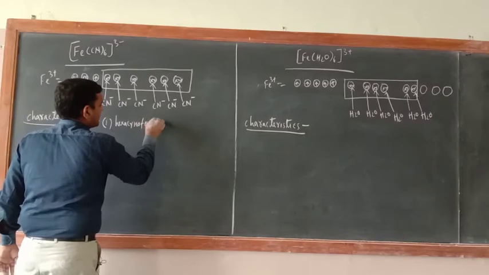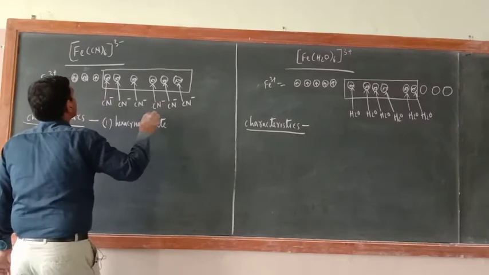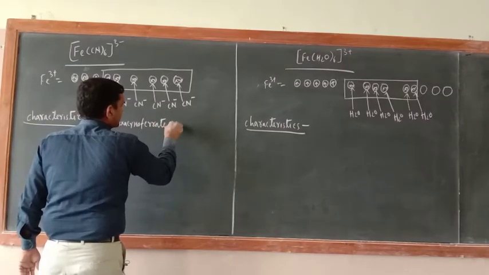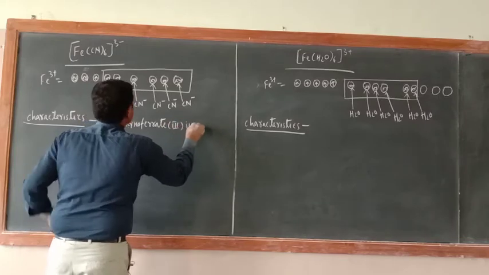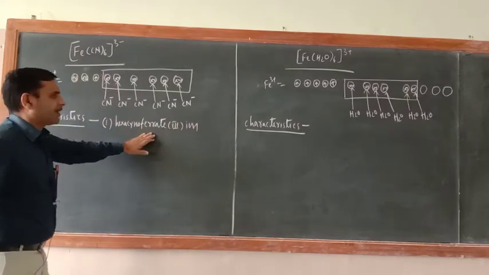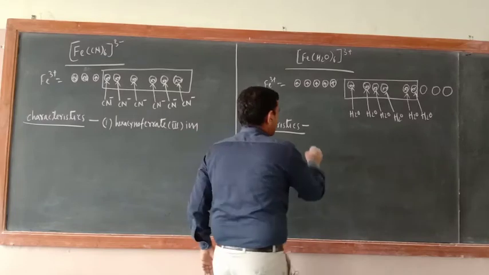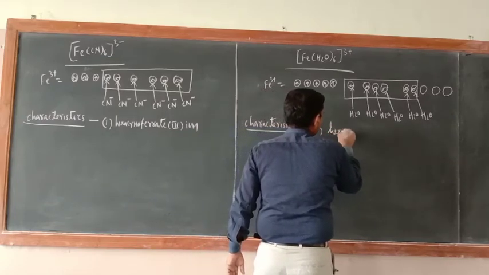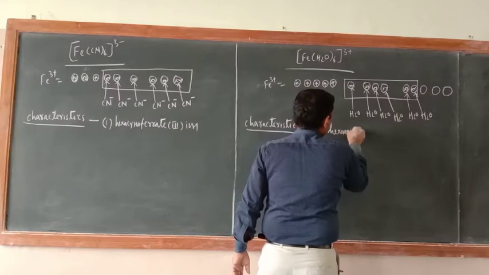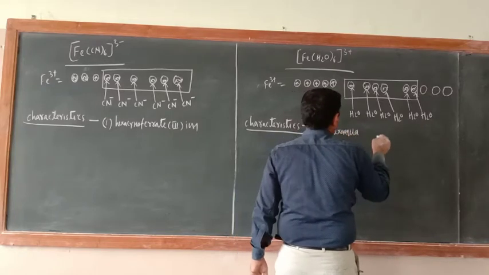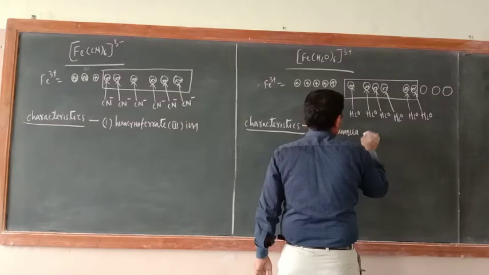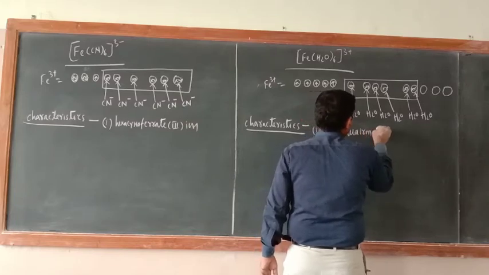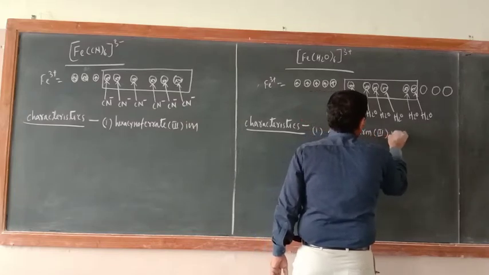Hexacyanoferrate(III) ion. This is a negatively charged complex, that is why ferrate. But what about this one? Their name would be hexaaquairon(III) ion.